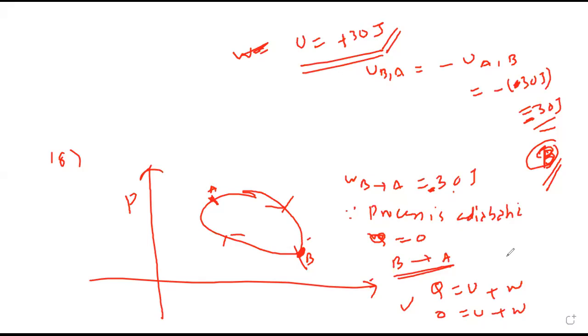Ideal gas is taken through the process as shown. Temperature is constant, pressure is increasing, so P is inversely related to V. Oh, sorry, P is increasing, V is decreasing.